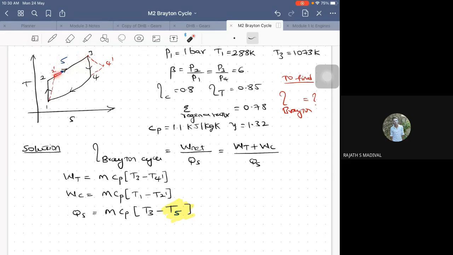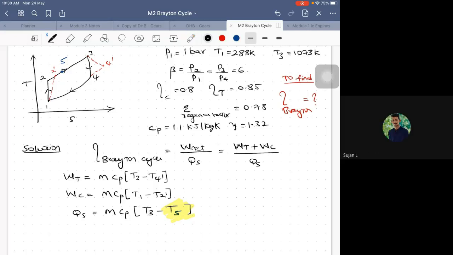This small amount of heat is gained because of regeneration. That is not heat supplied. The heat is supplied only in 5 to 3, additional heat for every cycle. So that's why you have to consider only this. So this is the only change in this particular problem. Understood, everyone? Any doubt?